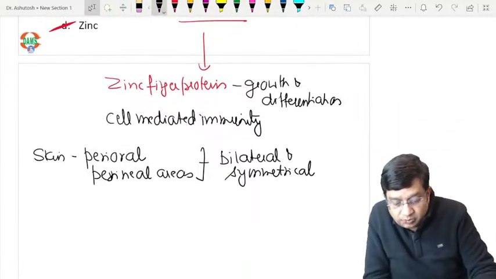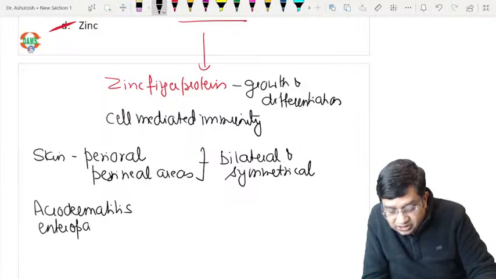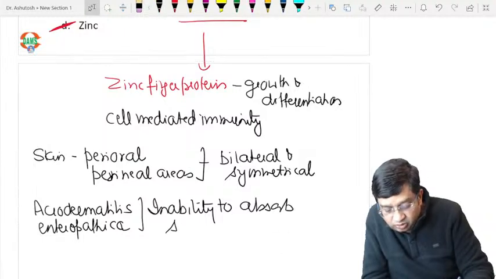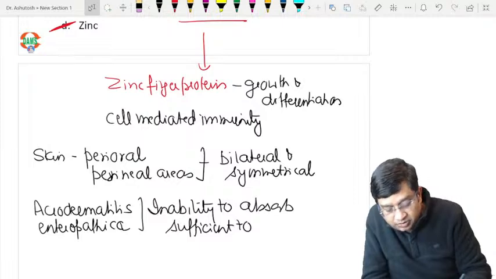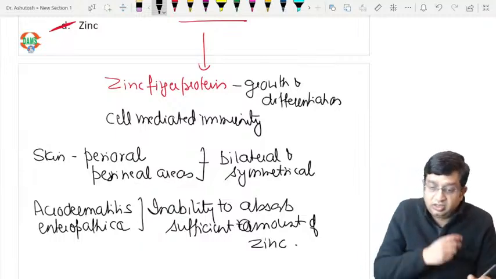And what is most important to be remembered, acrodermatitis enteropathica, what does it mean? This basically means inability to absorb sufficient amount of zinc, right?